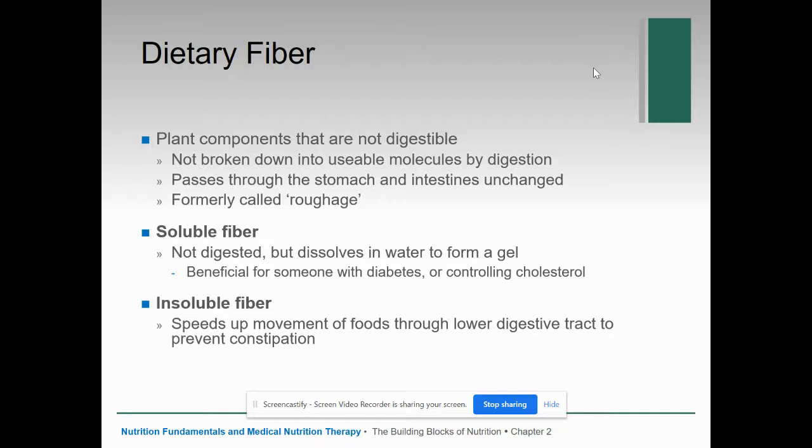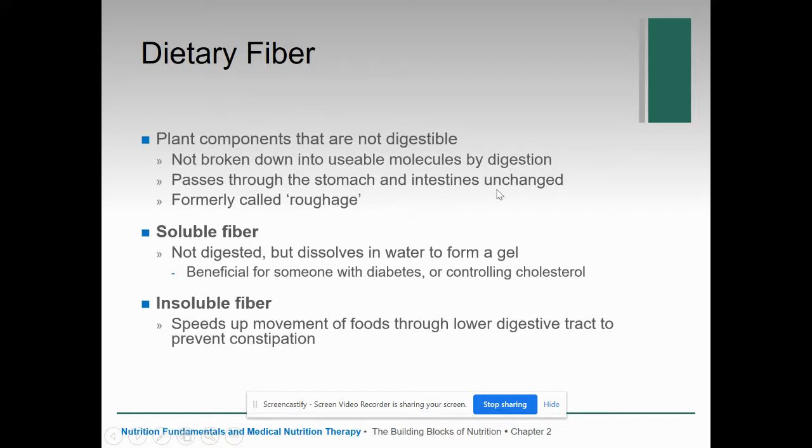Carbohydrates that are higher in fiber affect our blood sugar and affect our digestion much more differently than carbohydrates that are very low in fiber. When we're talking about high fiber foods, we're talking about whole grains, fruits, vegetables, seeds, nuts. So basically food that's passing through the stomach and intestines unchanged.